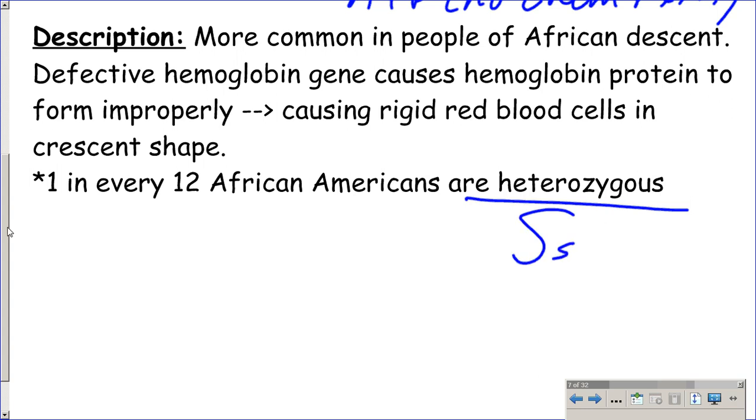Last 2 years ago, I had somebody who actually had the trait and they knew it. So she said when she exercised, she could only exercise for like 20 minutes at a time because she just got really exhausted because her oxygen wasn't being delivered to her cells very well. But she was fine. She could exercise. She could do it. She's a normal person. But she told everybody. I was like, that's so cool. Yeah. I have a trait, it just doesn't do anything now. But you don't feel like tired at all?